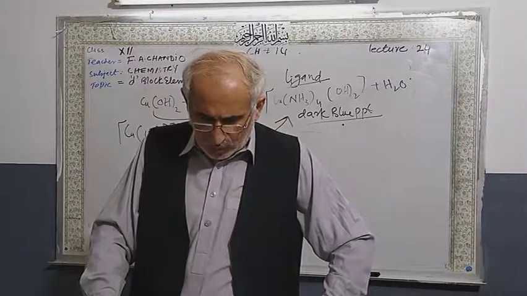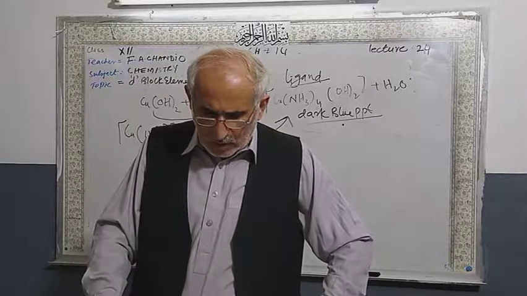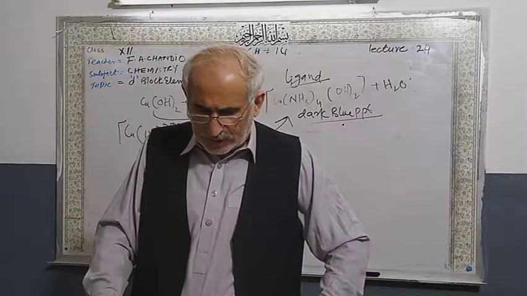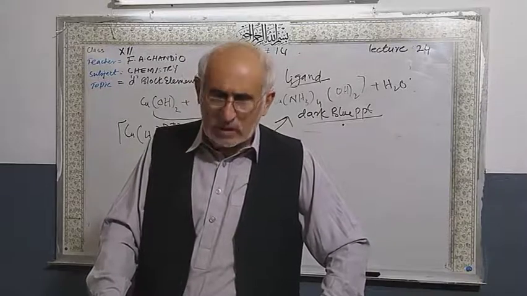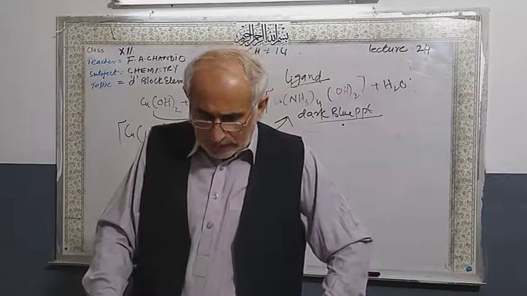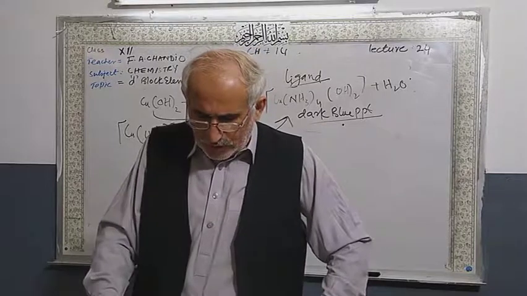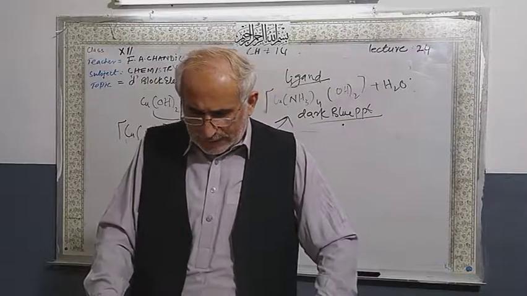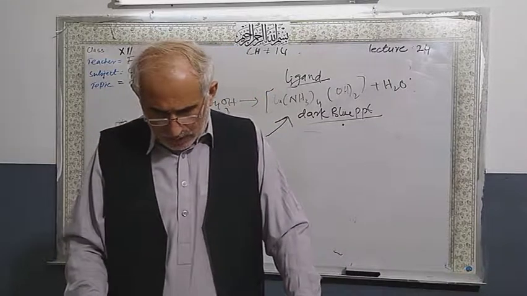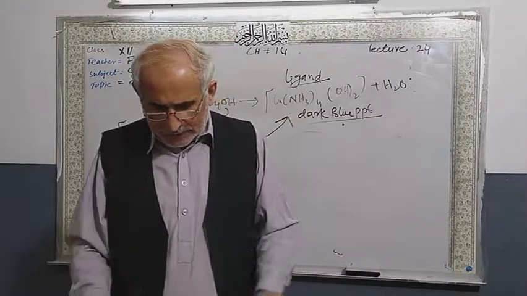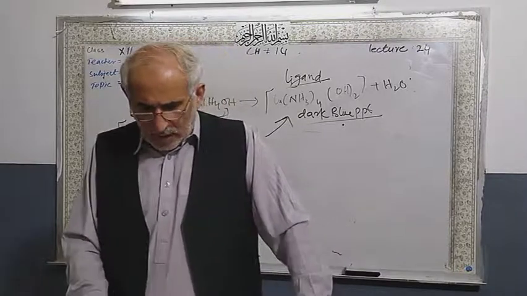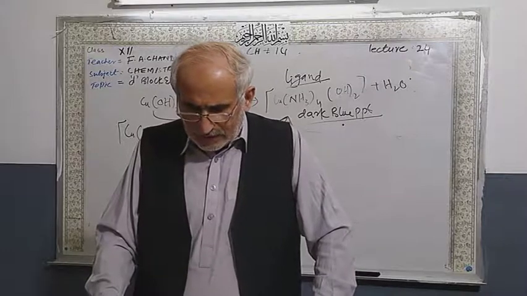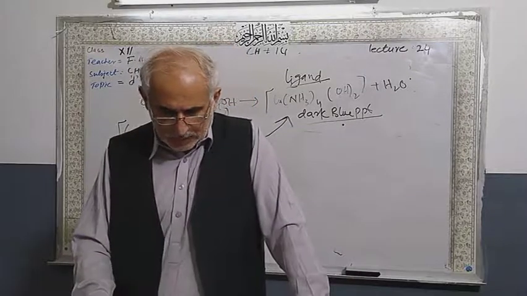Hexa aqua copper 2 is light blue. A small amount of ammonia acts as a base. You will get tetra aqua dihydroxo copper, which is a dark blue color, and if you put in excess ammonia, then you will get the tetraammine copper 2 complex, which is a very, very dark blue color.